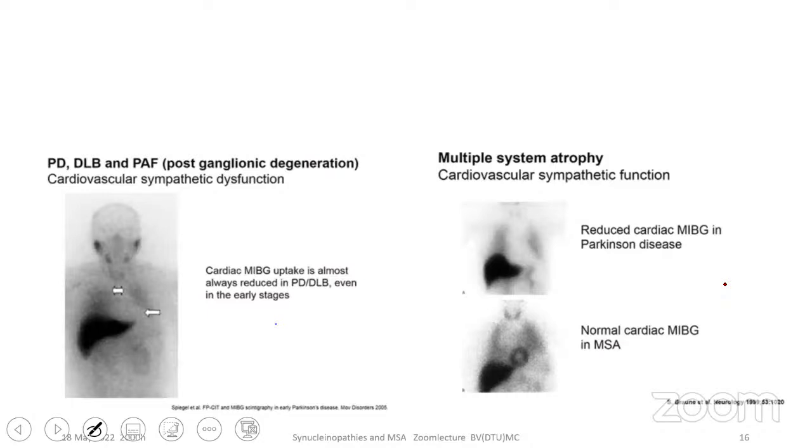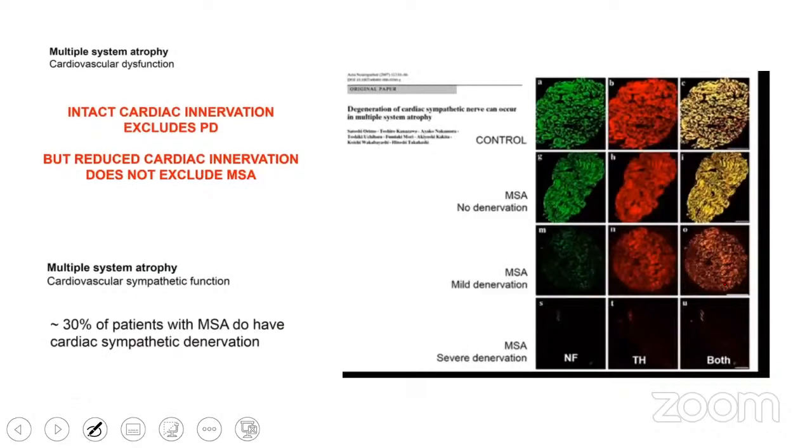In multiple system atrophy, the cardiovascular sympathetic function is not affected. It may be either normal MIBG scan or slightly reduced MIBG. So that's a major difference. So you can see intact cardiac innervation excludes PD, but if it is reduced, it does not exclude MSA. So this is a control where you can see the scan, and in MSA, there is no denervation.